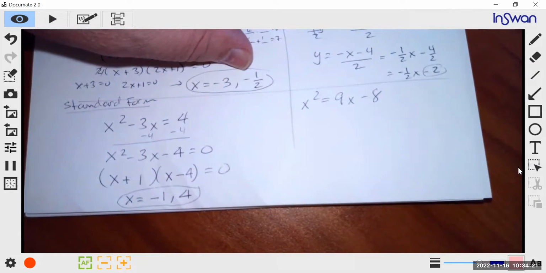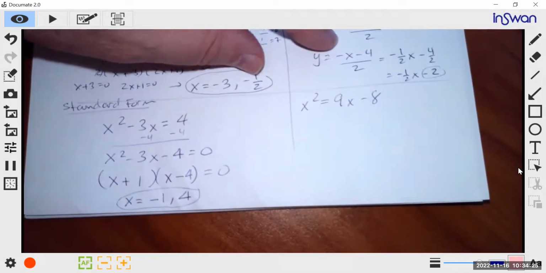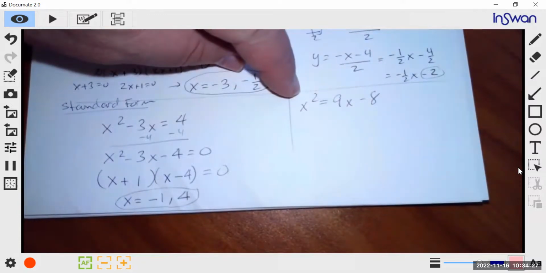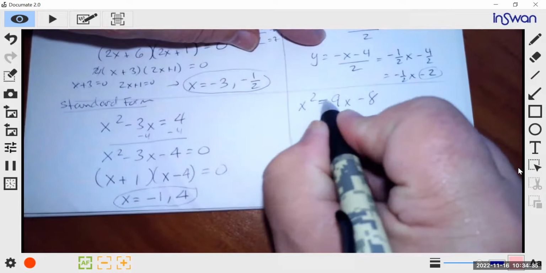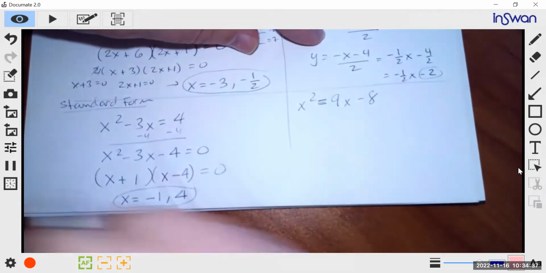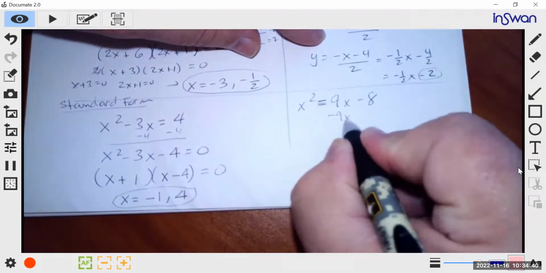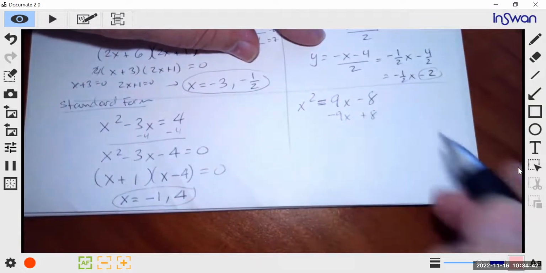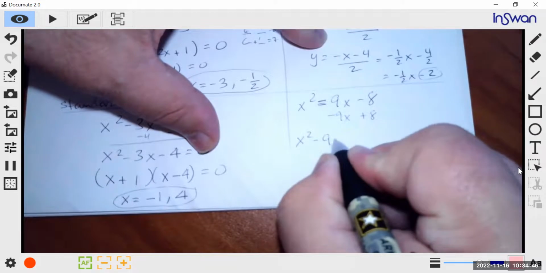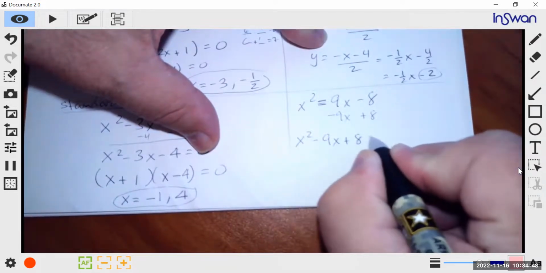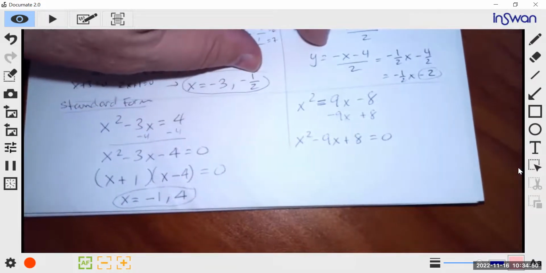Just in time, because it's our last question. What do you have to do the last one? Here's the equal sign. I have to minus 9x and then add 8. Let's move everything over to the left side. Has to be equal to 0.